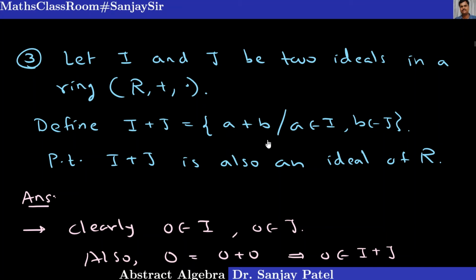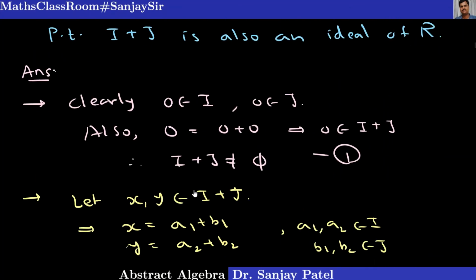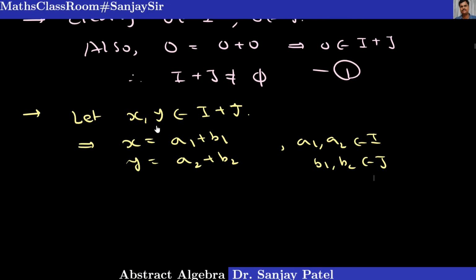It is the set of all elements of the form a plus b, where the first belongs to I, the second belongs to J.